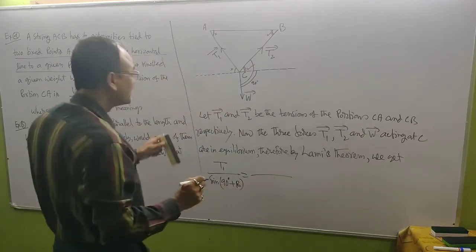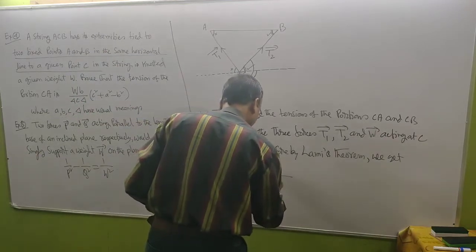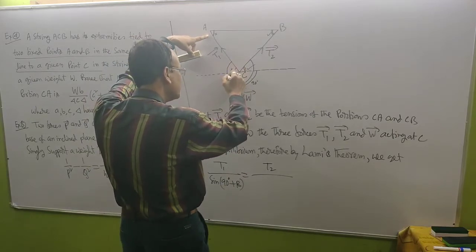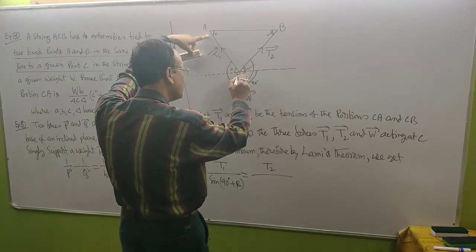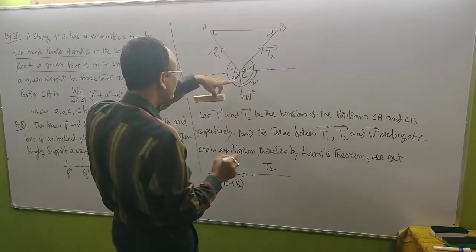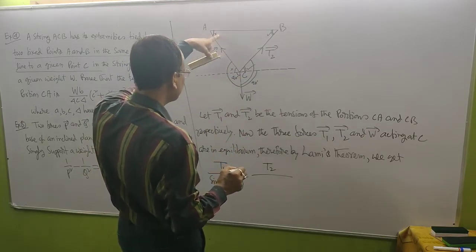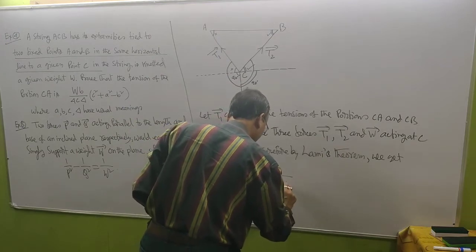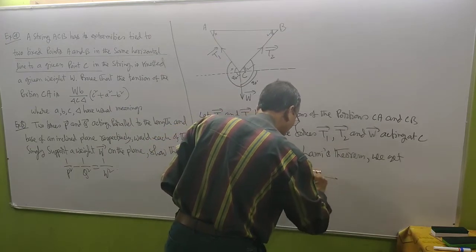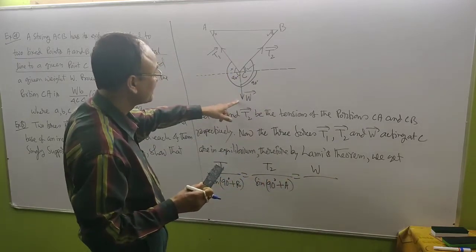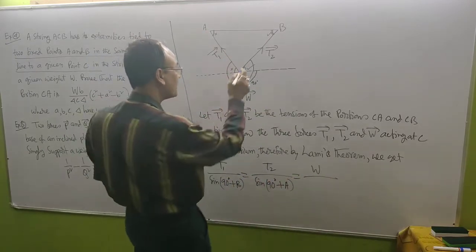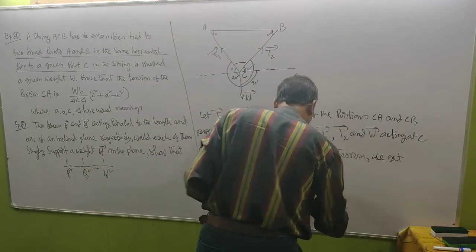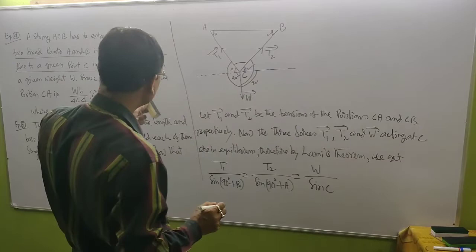This is equal to T2 divided by sine of this angle. What is this angle? Since this is 90 degrees, this plus this is equal to A, so 90 degrees plus A. Sine of 90 degrees plus A equal to W divided by sine of the angle between this and this, which is C, sine C. You will get this.